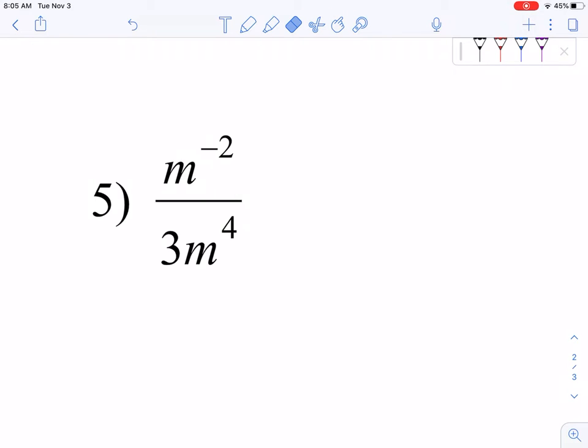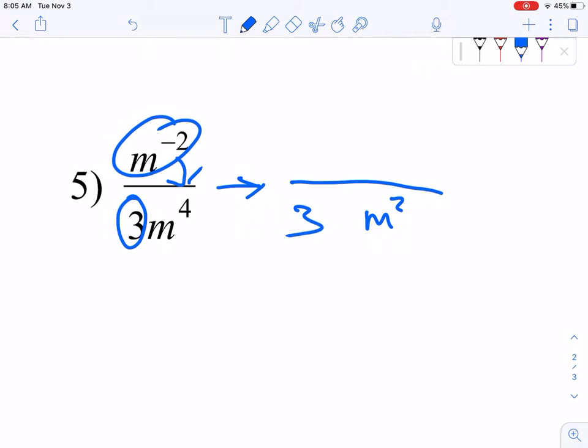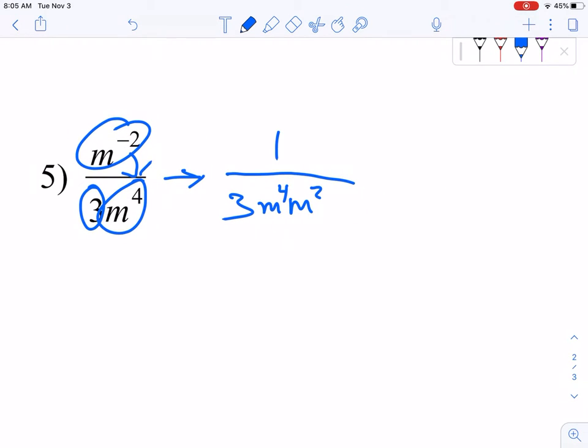So now we have, and this is just kind of a little bit additional, but think about this. I have m to the -2nd needs to move down to become m to the +2nd. This 3 doesn't need to move, and this m to the 4th doesn't need to move. If I don't have anything, I'm going to put a 1 as a placeholder. But think about it like this now.